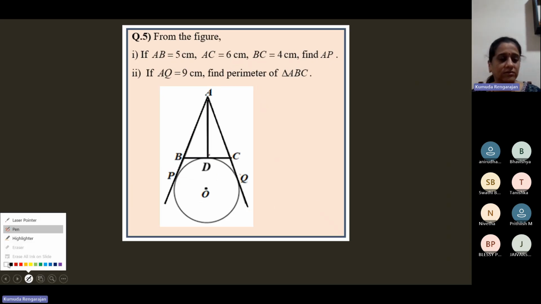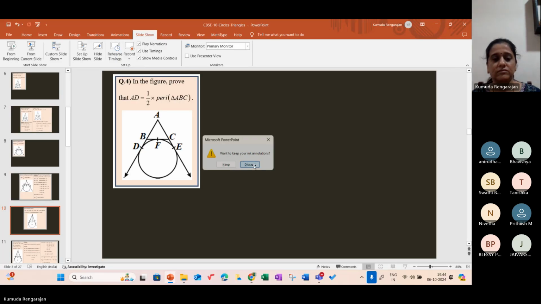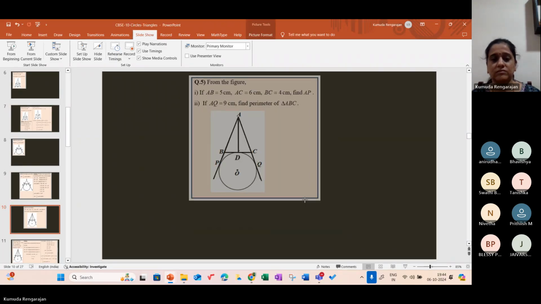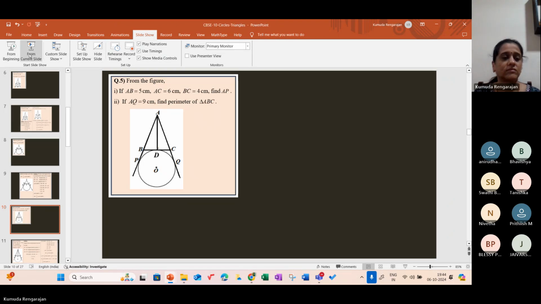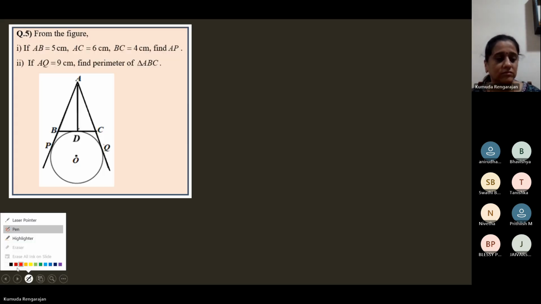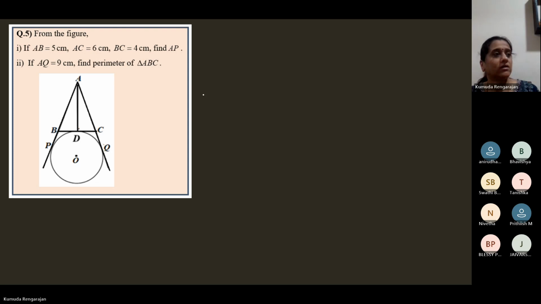So here, what do you see? The lengths of AB, AC, and BC are given, and we should find AP.